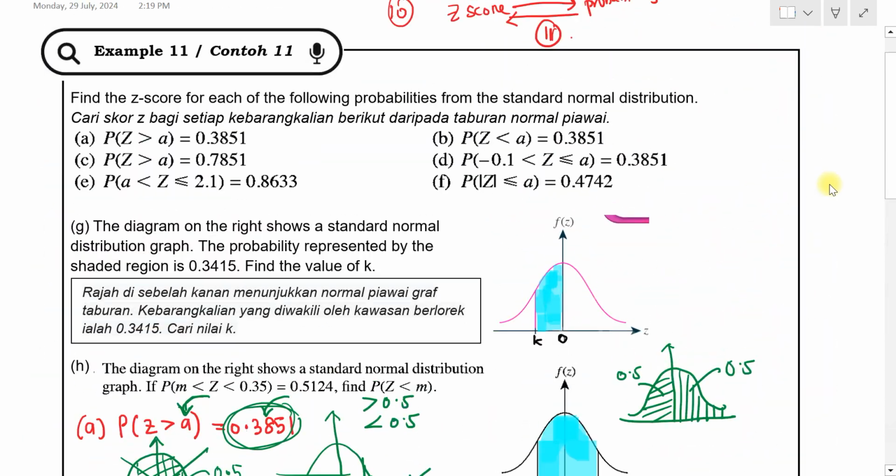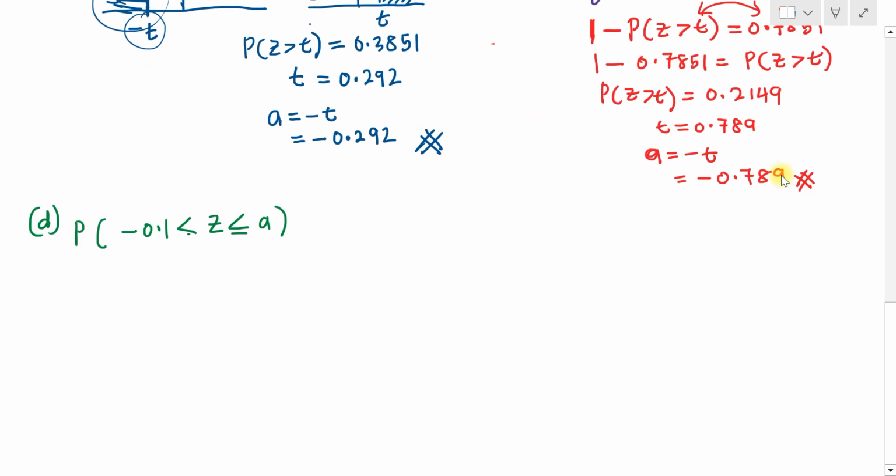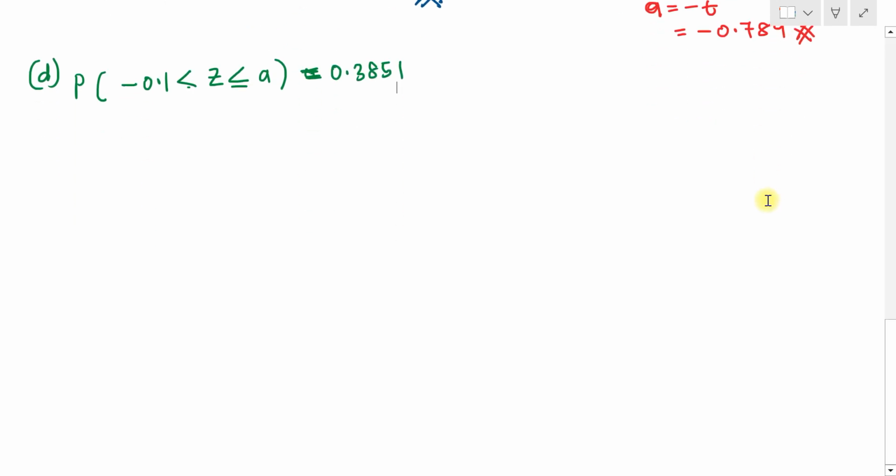Equal to 0.3851 again. The number is repeating. It's okay. Let's have a sketch on this.